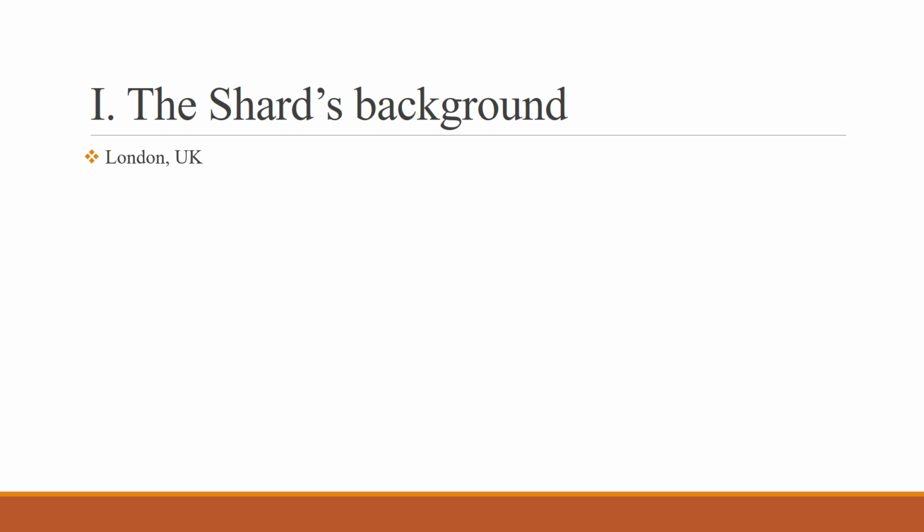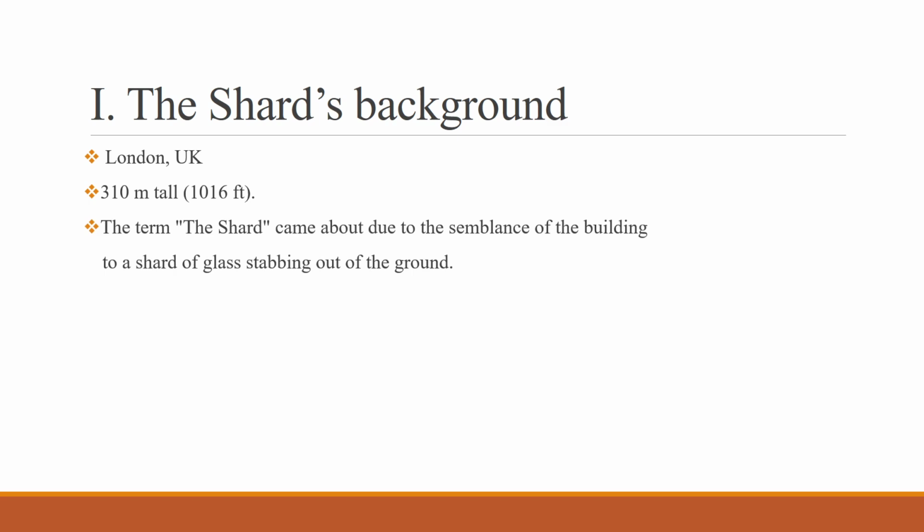At that time, it had already been recognized as the tallest building in the European Union at 310 meters tall, and we can say it is 1016 feet. The term the Shard came about due to the semblance of the building to a shard of glass stepping out of the ground.